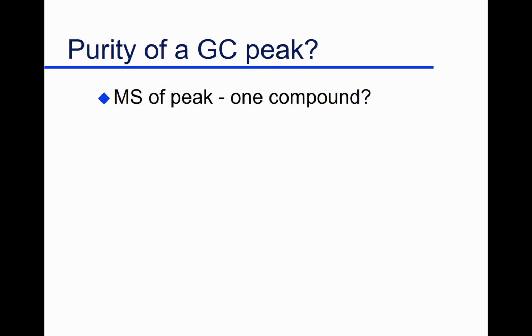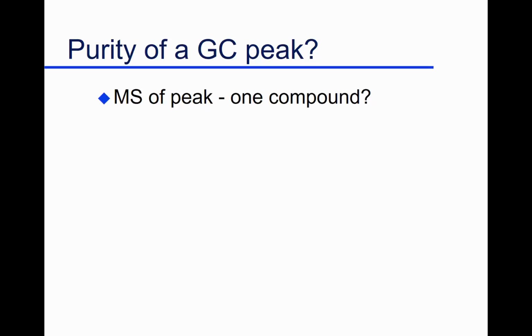What makes you think that there isn't one of those other 6 million compounds that happens to also come along at that very same time, at that very same place? And there's a good chance it will, right? And so really, having a mass spectrometer that looks at that peak and is scanning that peak, is there one compound? Does it have exactly the same spectrum as the compound you want to measure or not?